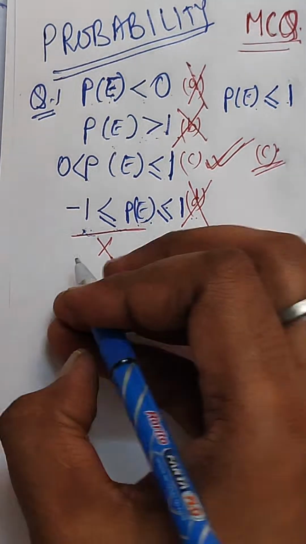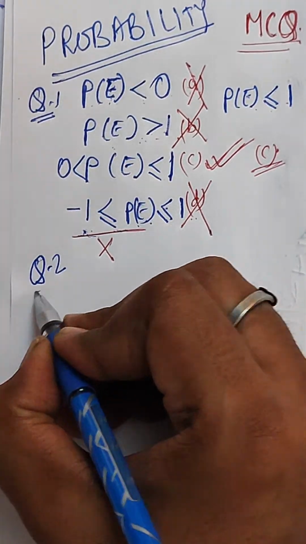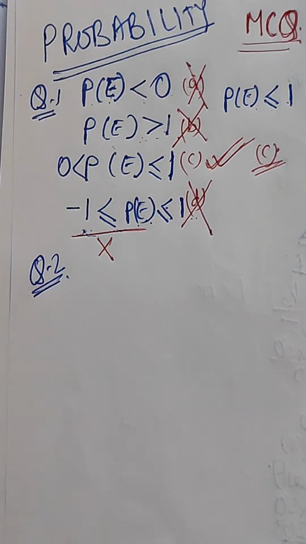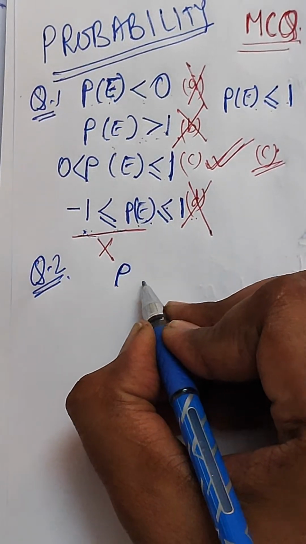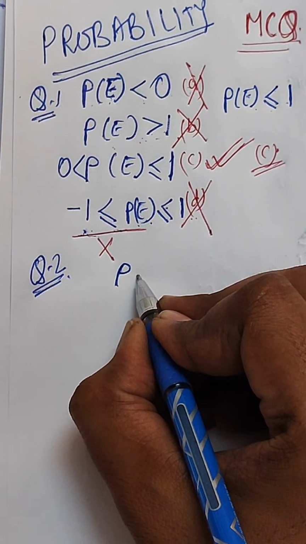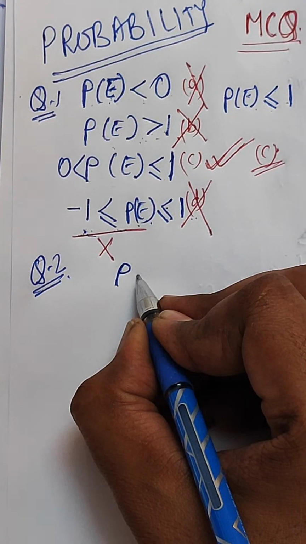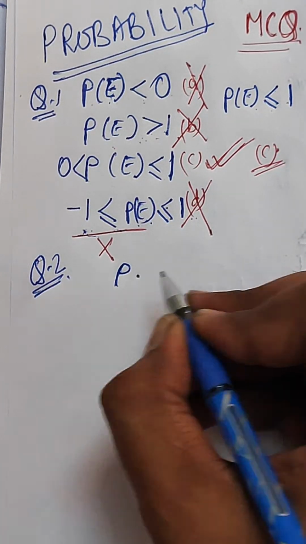Now let us come to question number 2 of the MCQ series. In question number 2, it's given that if P is the probability of occurrence of an event, which is given to you, then the probability of non-happening of this event is what?